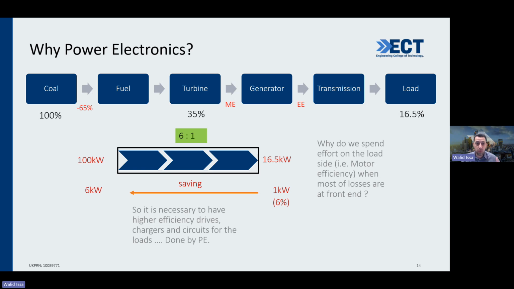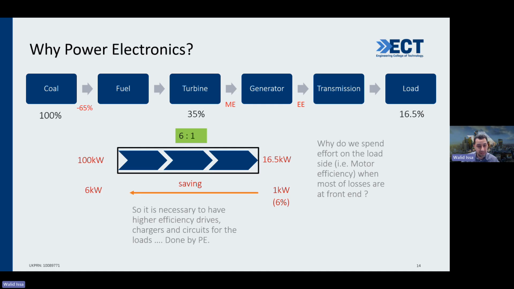So the runner of this generator, instead of putting in 100 kilowatt of coal, might just put in 6 kilowatt less. So we have just made an investment to bring in a 1 kilowatt efficient battery charger here, but that has been reflected back to the generation side as 6 kilowatt.